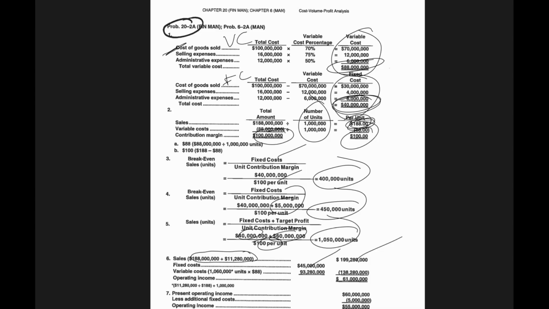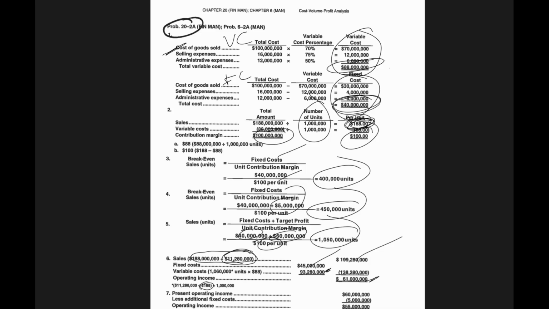So the expansion is going to increase our sales by 11,280,000 divided by the 188 per unit, so 11,280,000 divided by the 1,088,000 plus the additional 1,000 units sold. That's how we get to this variable cost of 93,280,000. So our operating income then is 61 million.